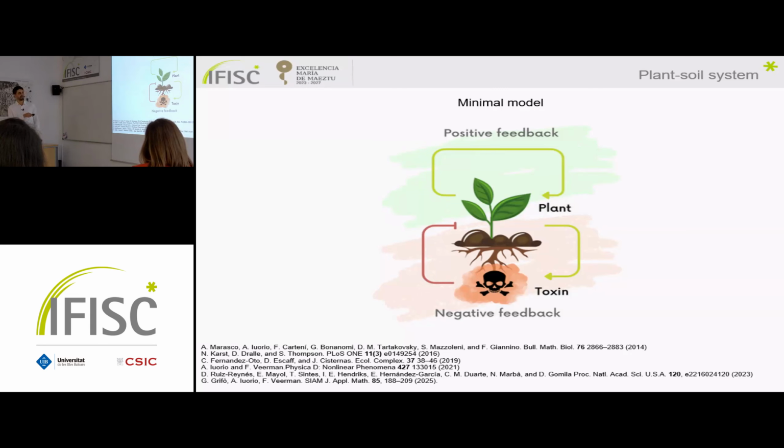But the plants also generate a toxin that gets fixed in the soil, and that eventually can harm or kill the plant itself. So we have this positive feedback here, and this negative feedback mediated by the toxin. This diagram is also compatible with many models in the literature, so we are not the first people doing this. But we try to do it simply and to study the formation of structures in this system.